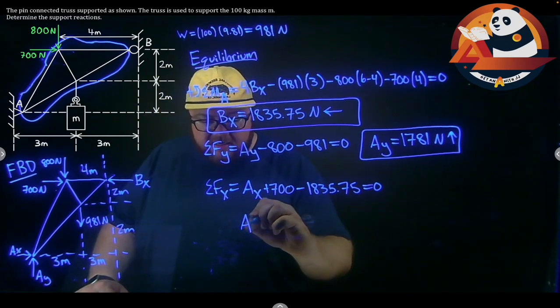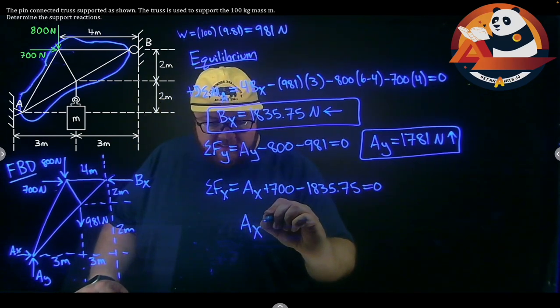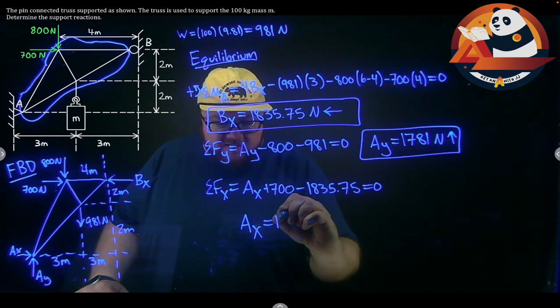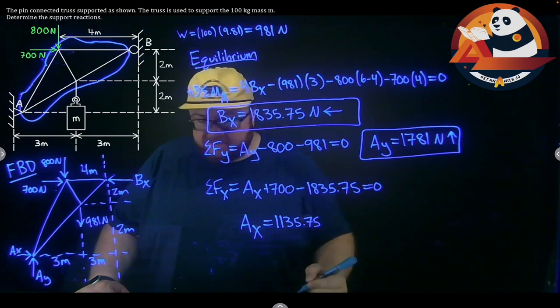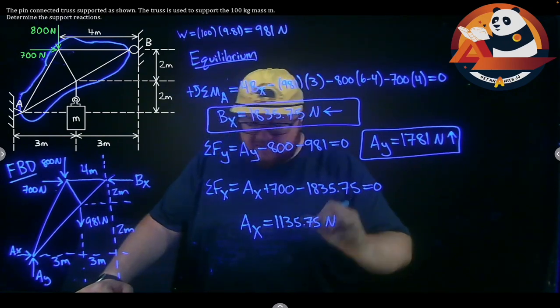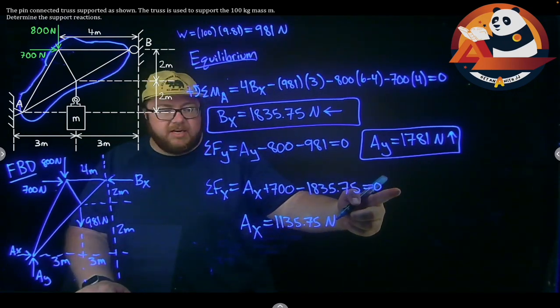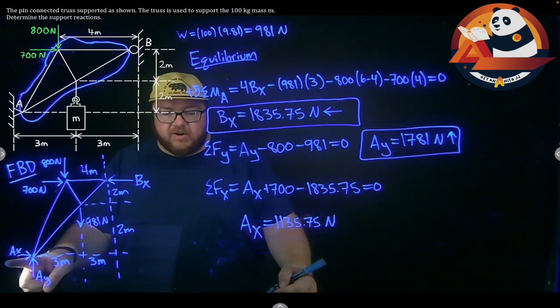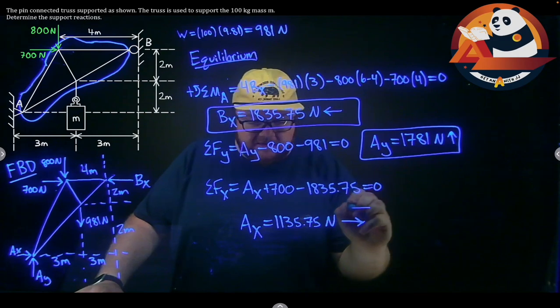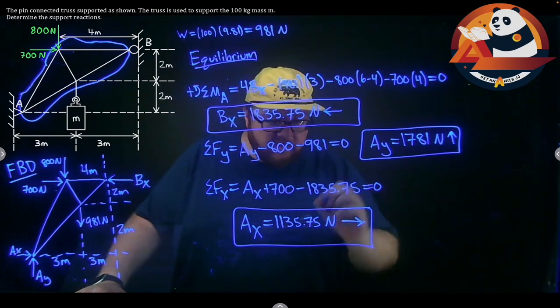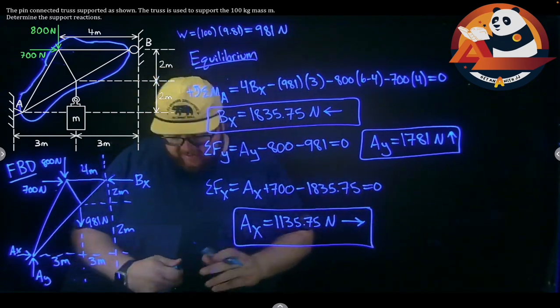I'm going to get that Ax is a positive 1,135.75 newtons. I get a positive number from this equation, which means I guessed the right direction in my free body diagram. It is to the right, which would be my final answer for everything here.